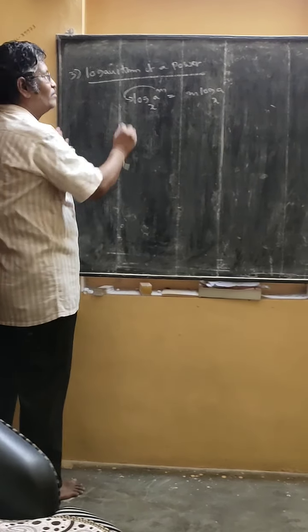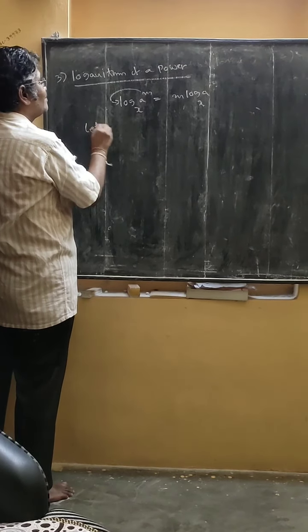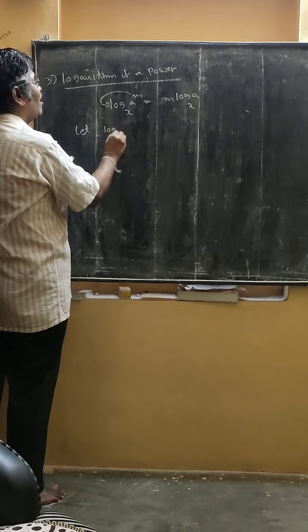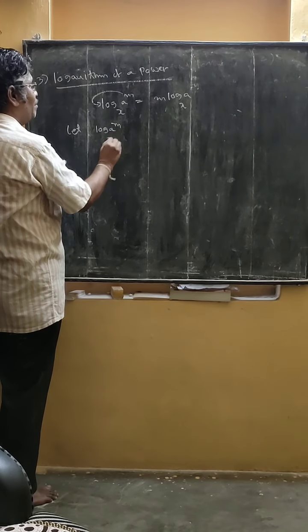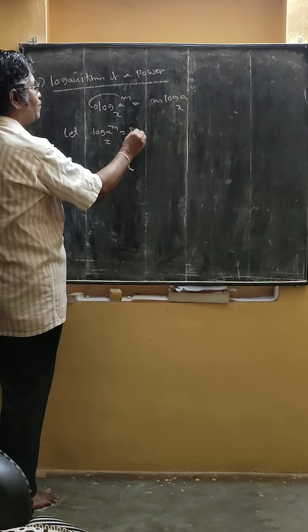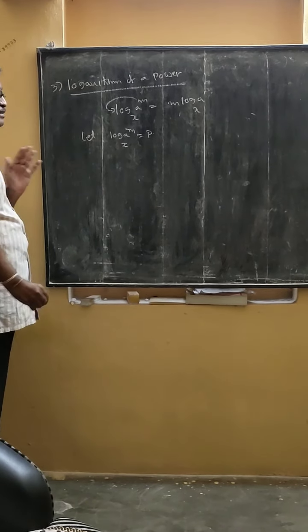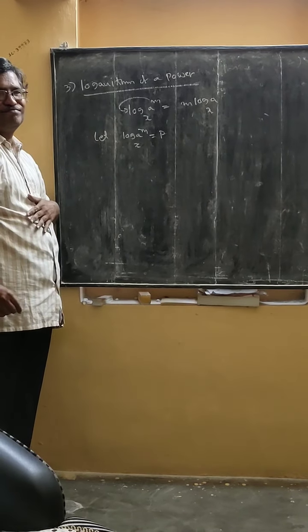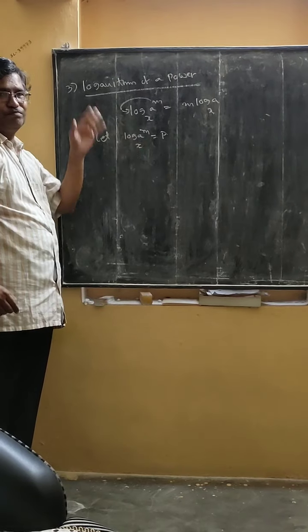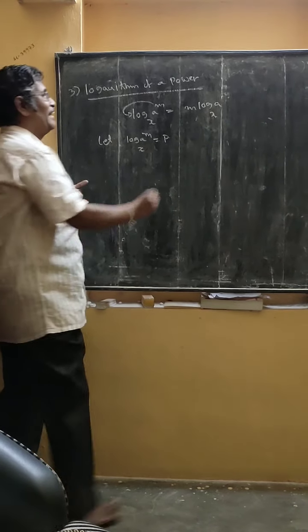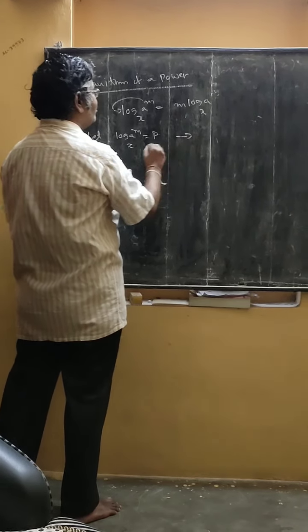This is the third one. Let log a power m to the base x be equal to some p. It is in logarithmic form, so write it in exponential form.